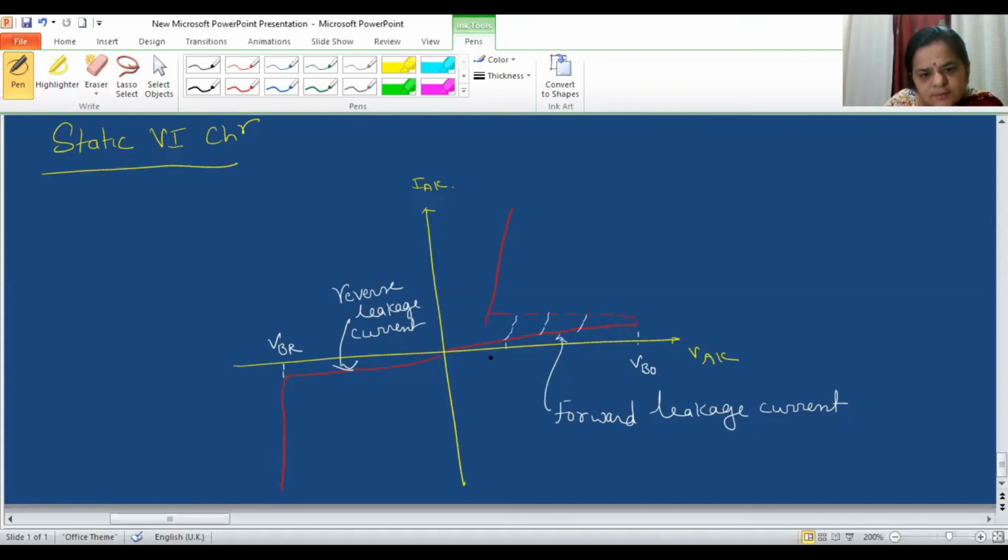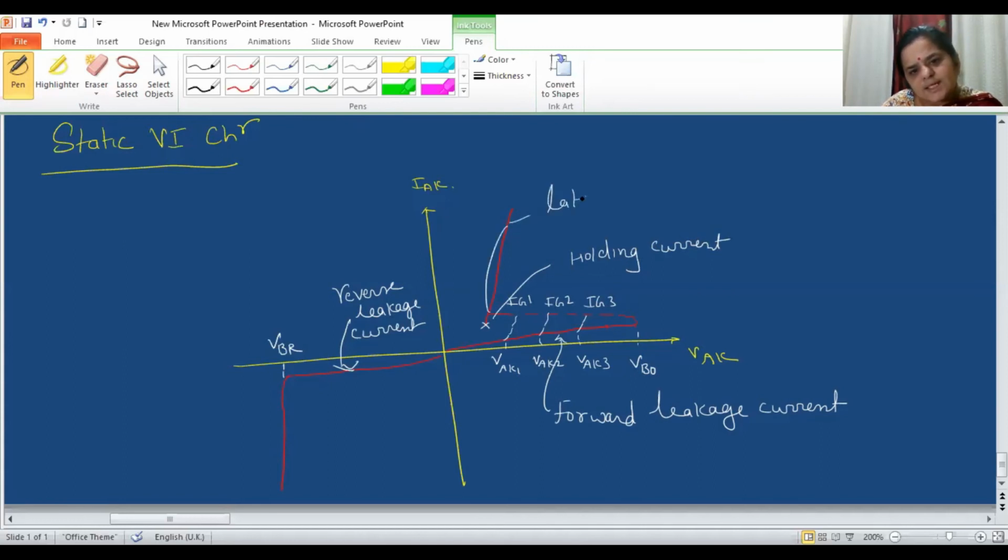Now this is VAK1, this is VAK2, this is VAK3, this is IG1, IG2, IG3. This is the holding current, and this one is the latching current.